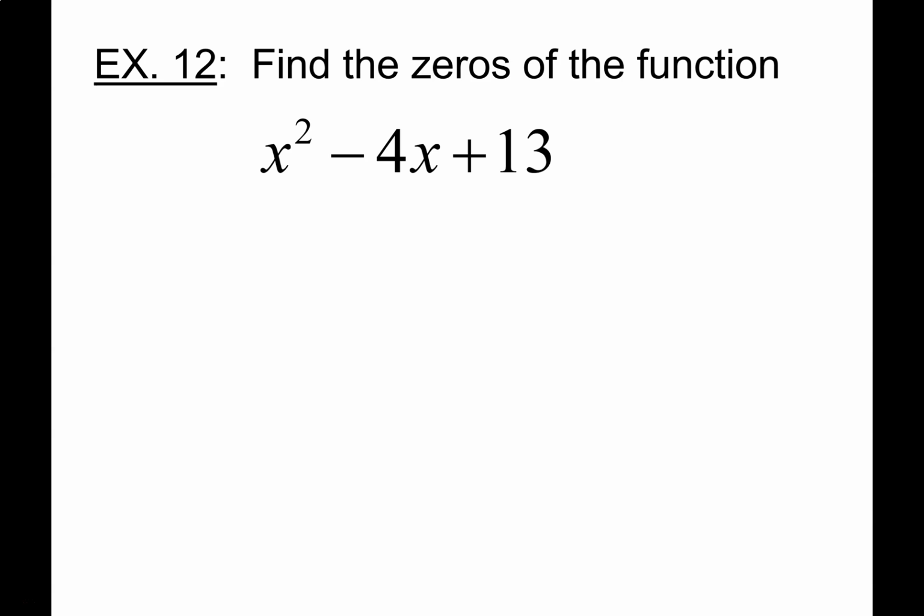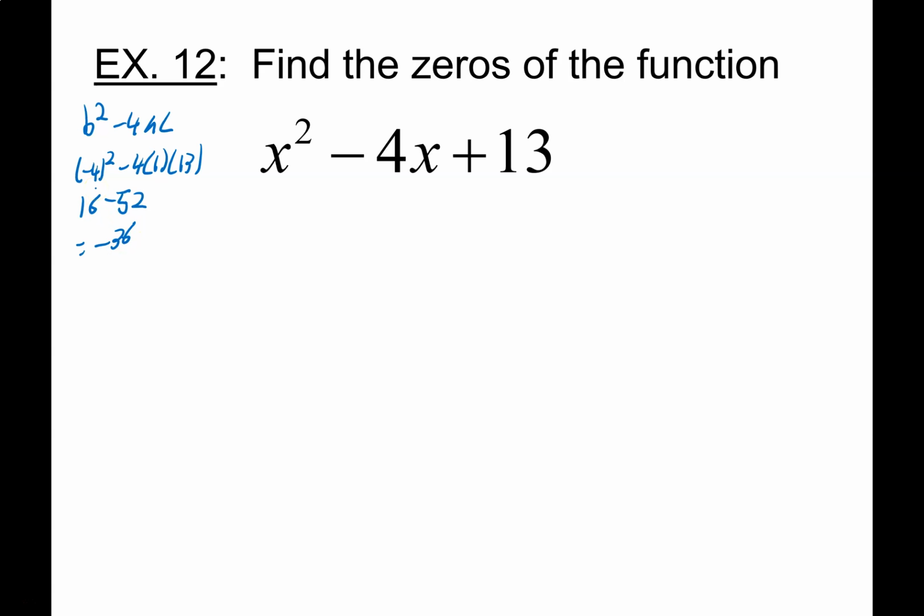Let's try this guy. Again, if you want to try and factor this, you're going to find it's not going to work well. So how do you know you can factor it or you can't? Well, I look at the discriminant. B squared minus 4ac is going to be negative 4 squared minus 4 times 1 times 13. 16 minus 52, which is negative 36.